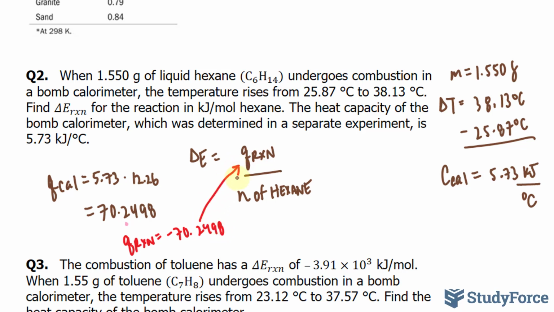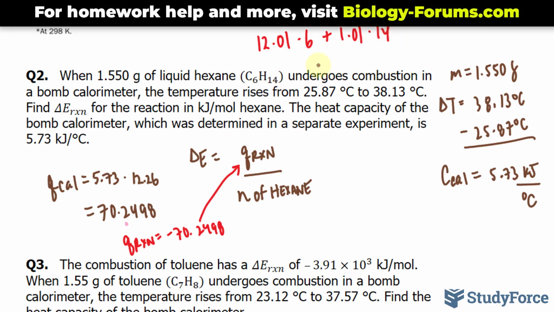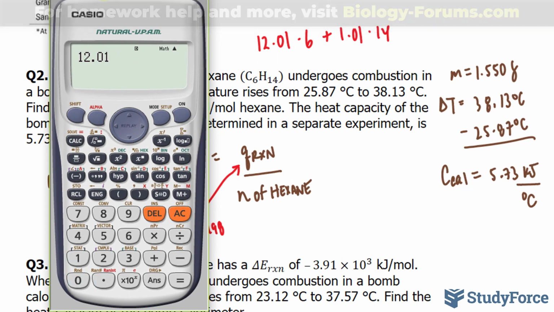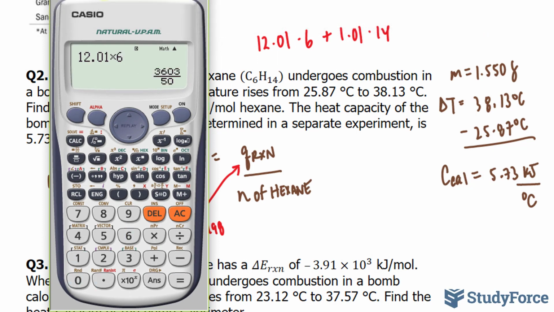Now we need the number of moles of hexane, and to do that, we need the molar mass of hexane. The molar mass of carbon is 12.01 grams per mole, multiplied by 6, plus 1.01 for hydrogen, multiplied by 14. Let's find out what this is: 12.01 times 6 plus 1.01 times 14.